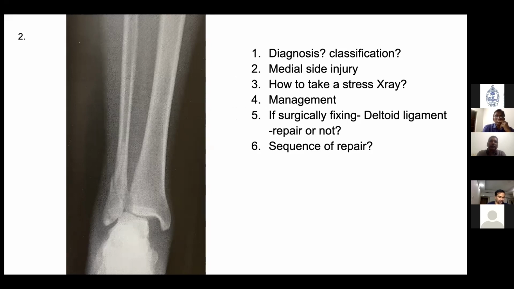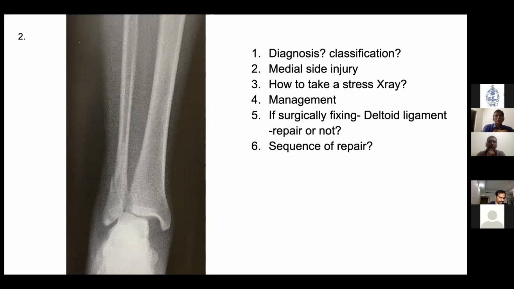Type B, sir, at the level of the syndesmosis. Yes. Weber classification is basically the level of the fibular fracture: infrasyndesmotic, at the level of the syndesmosis, and suprasyndesmotic, that is A, B, and C. Coming to the Lauge-Hansen classification, which group does this come in?